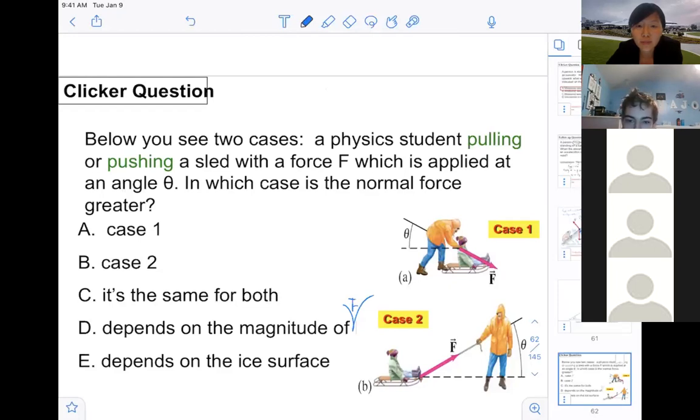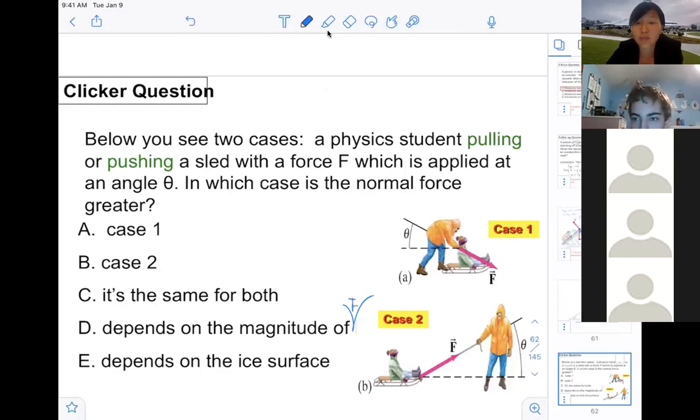Yes, we have a good intuition about this. Normal force, we all agree, is how much support the surface gives you. So you have a heavier object, you get more support. It also depends on how hard you push on the surface. If you push really hard, pushing down, then the surface will provide more normal force support.